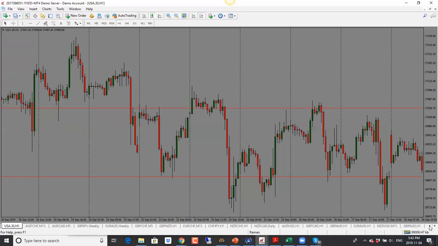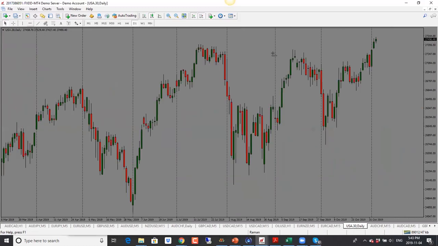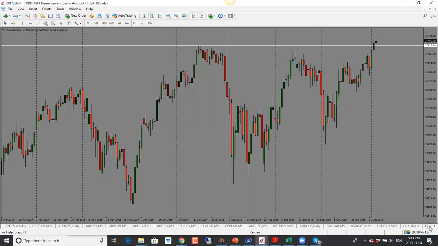Looking at Dow Jones, this one's looking bullish as well. We are again above the highs, so bias is bullish, but I would be cautious with this one as well. Looking at 28,000 as the next target, but just be careful because things could turn.